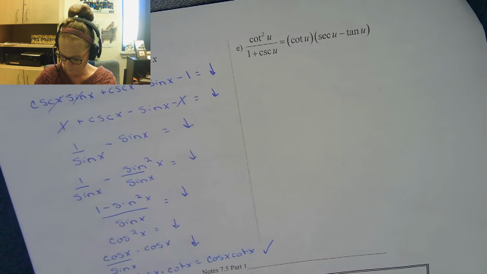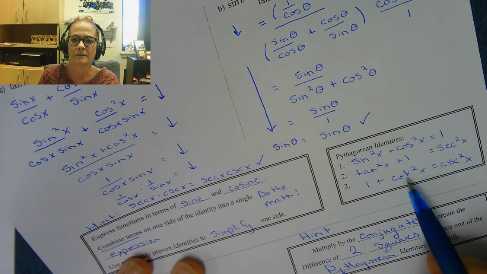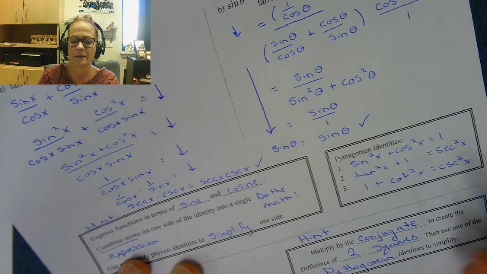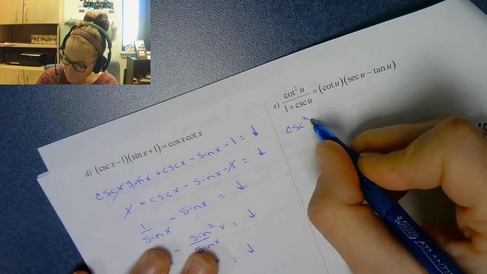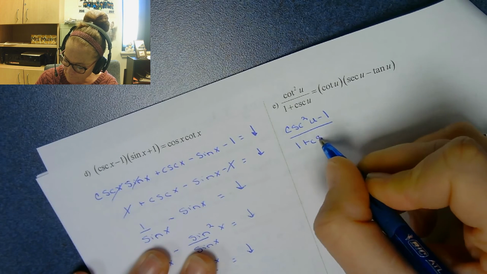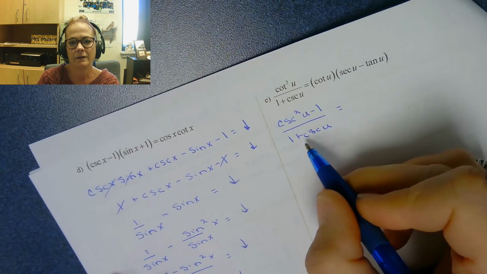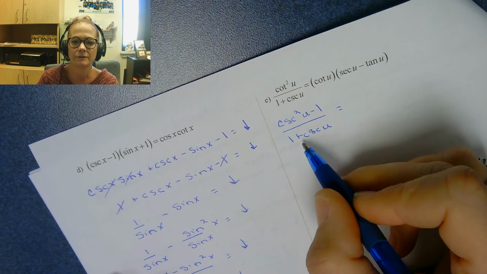Cotan squared of u looks like a Pythagorean replacement. So that's going to come right here. Cotan squared of x is cosecant squared of x minus 1. So if I move that 1 over, I got cosecant squared of x minus 1. Let's try that. Okay, so cosecant squared of u minus 1. So here I see this is a difference of squares, and this is one of the factors of the difference of squares.